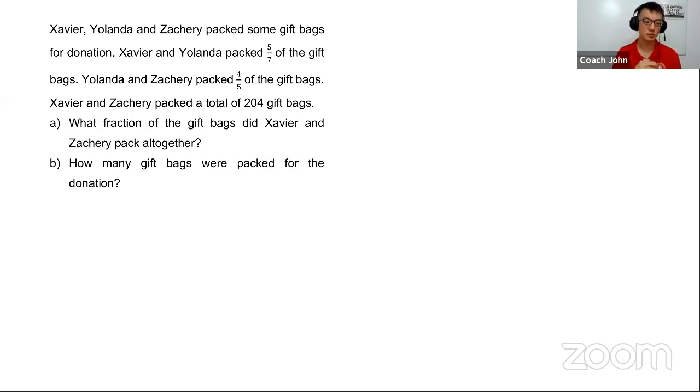Then we have Xavier and Zachary packed a total of 204 gift bags. Okay, so what fraction of the gift bags did Xavier and Zachary pack? And part B, how many gift bags were packed for the donation?